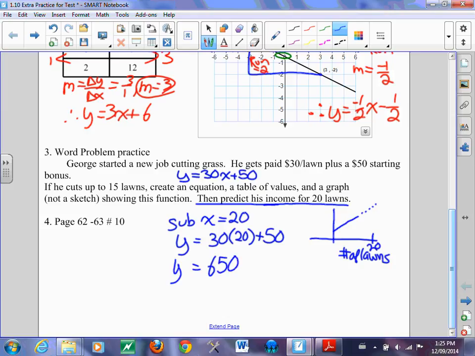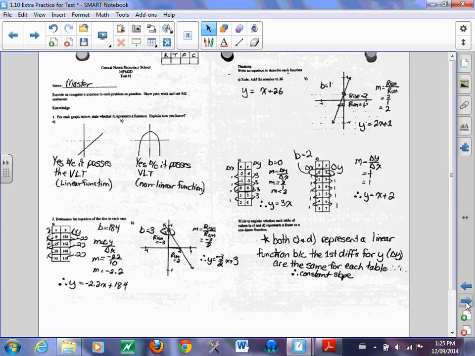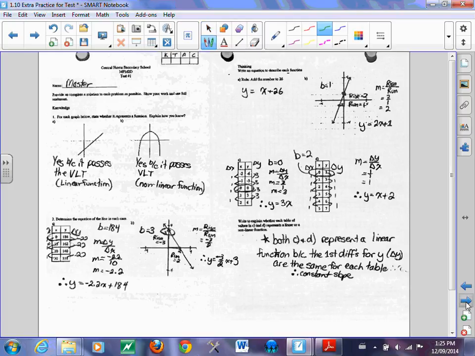All right, and don't forget to try this, folks. Another little bit of a word problem, page 62, 63, number 10. Now, attached here, ladies and gentlemen, is the master test for the practice test. One thing I want to note here, folks, is 3 or 4 years ago, we decided to change, and instead of using decimals, we decided to change them to improper fractions.